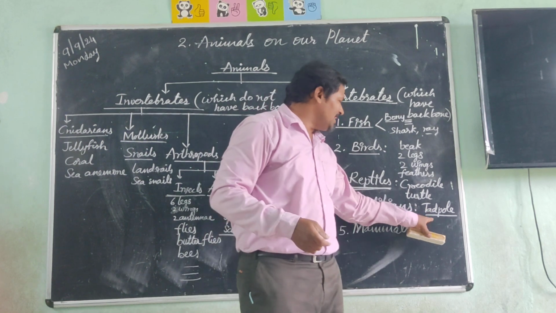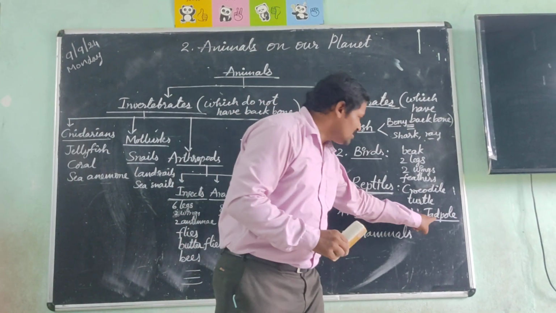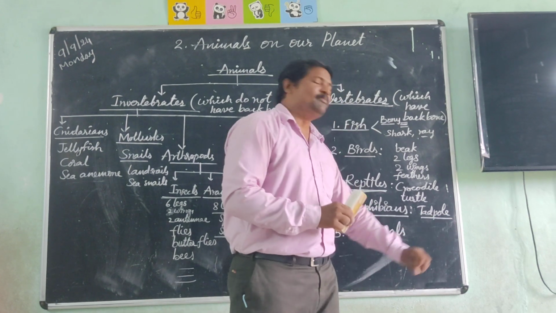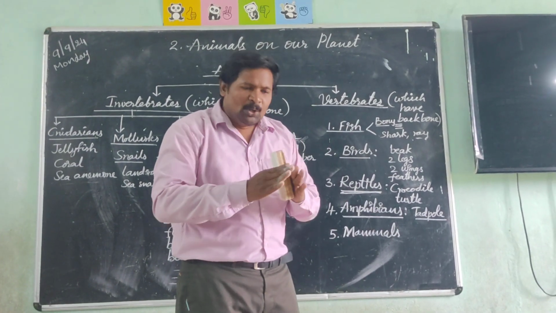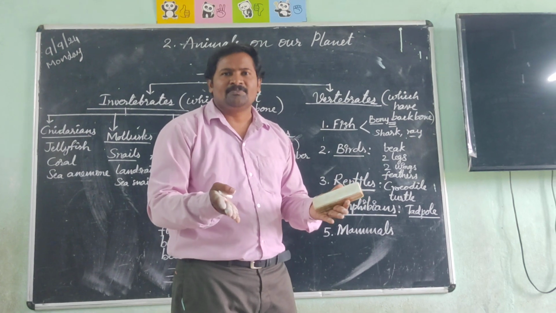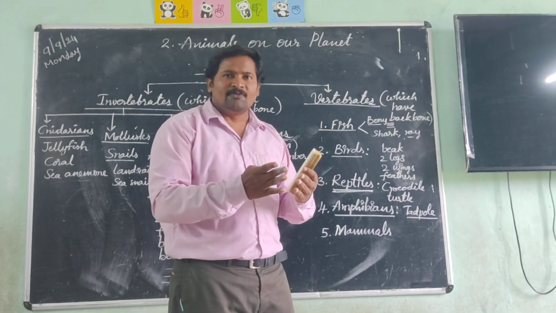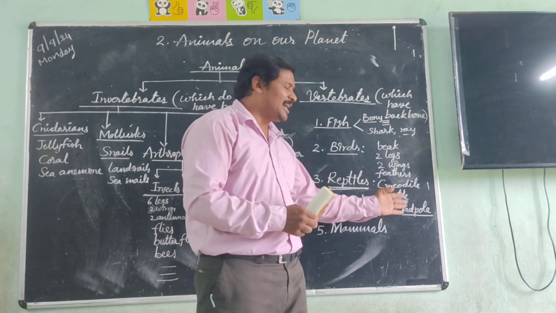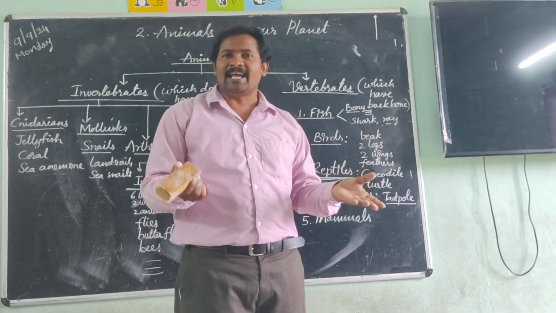And this tadpole is similar to fish. That means the tadpole looks like a fish in its physique. We cannot distinguish between a tadpole and a fish because both have the same organs.